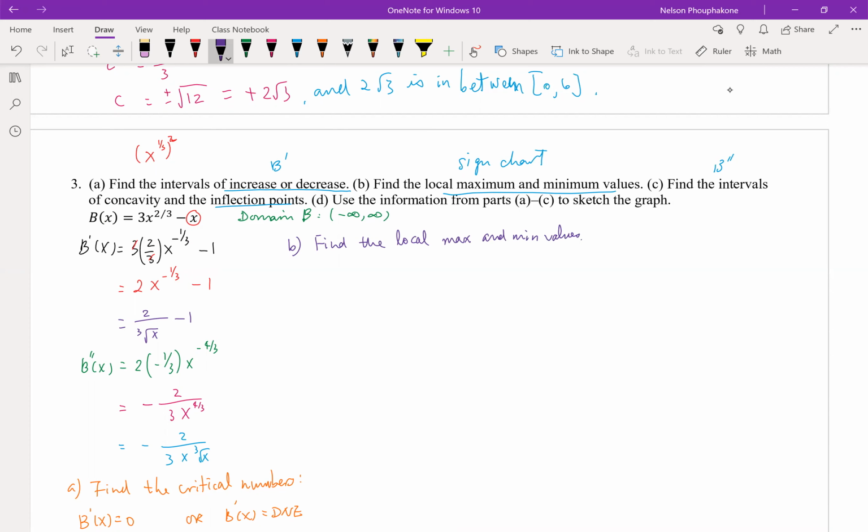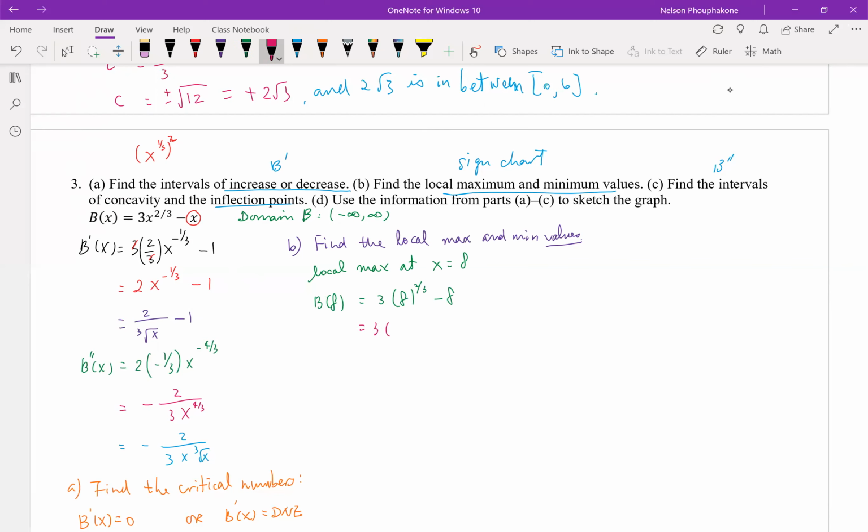Now remember values, meaning we are looking for the output. Then from the sign chart, we know that my local maximum is at x equal to 8. So, b of 8 will be 3 times 8 to the 2/3 minus 8, right?